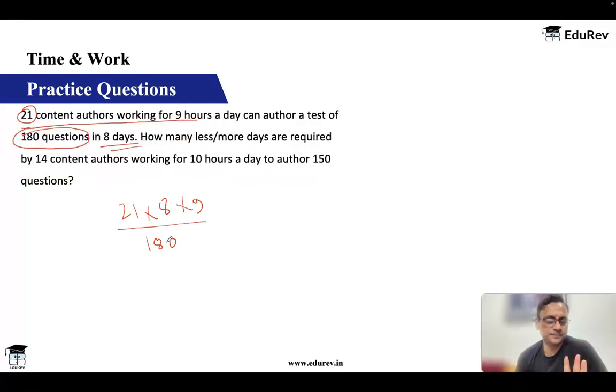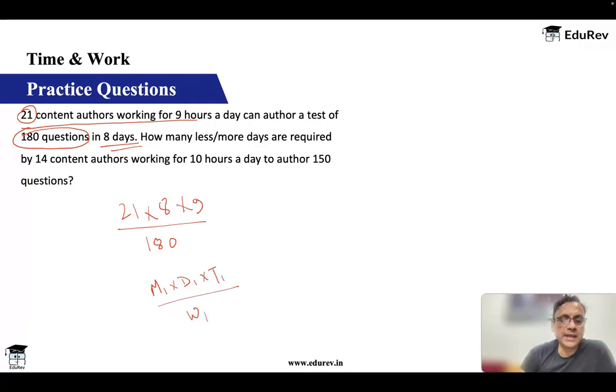This basically gives me the man hours required to do one question, so it becomes standard, per unit of work. So we are applying M1 into D1 into T1 upon W1, and you know that this is to be equated to M2 into D2 into T2 upon W2.